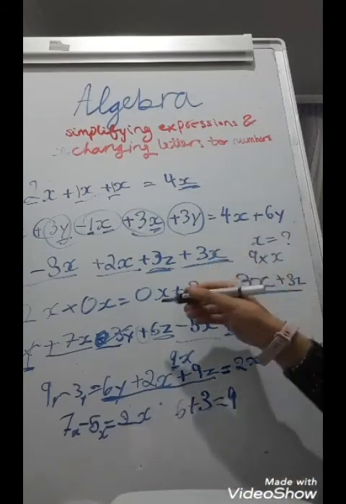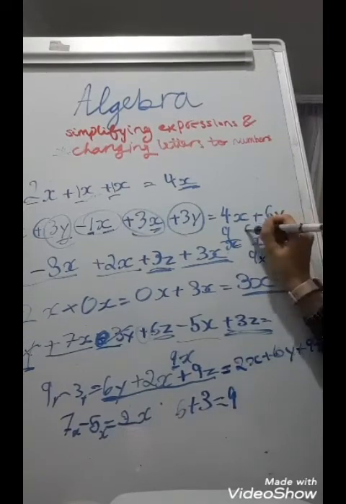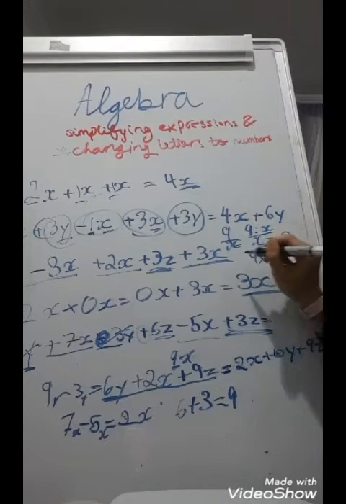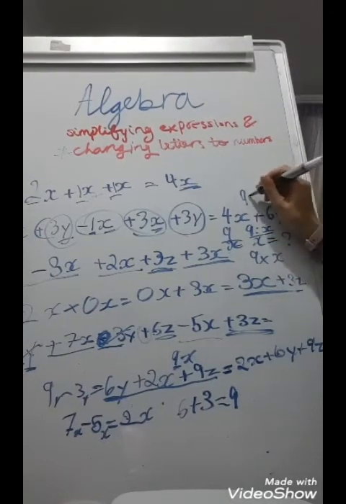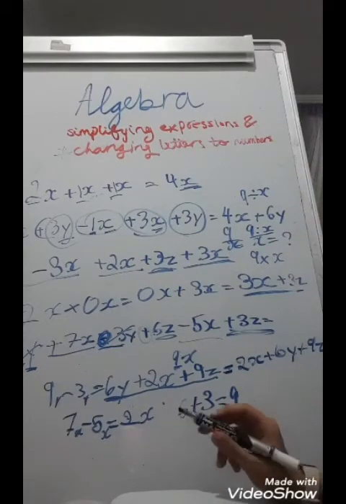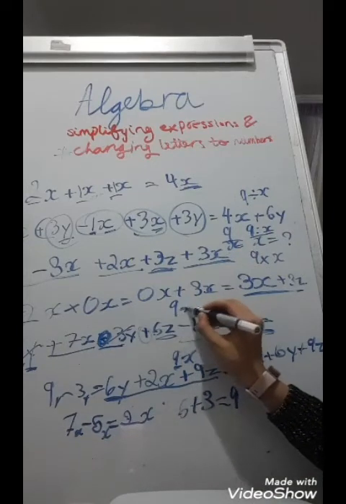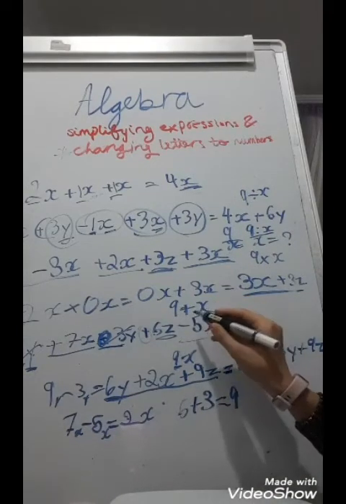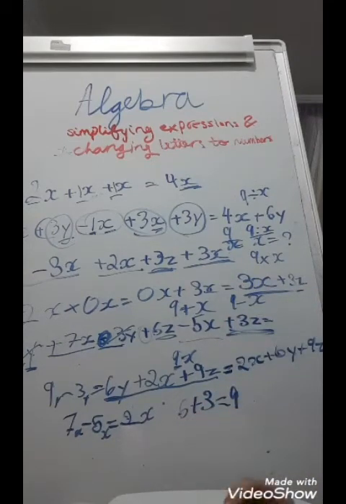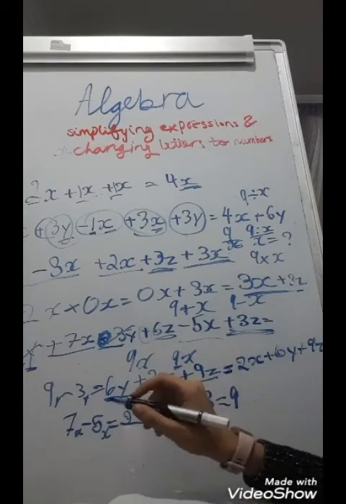It can't be divided, because if it is divided, then it's going to be 9 divided by x, which is not commonly seen. If it is 9 plus x, then it's going to be 9 plus x. If it's going to be 9 minus x, then it's 9 minus x. It can't be anything other than that. So 9x just means 9 times x.